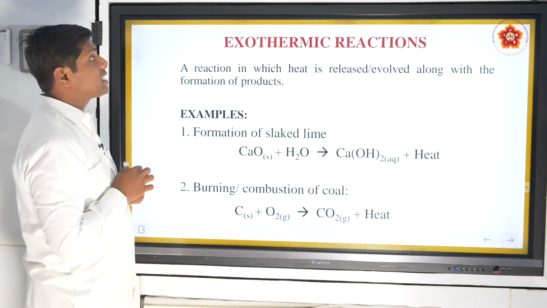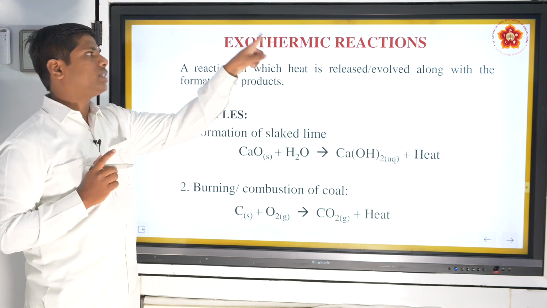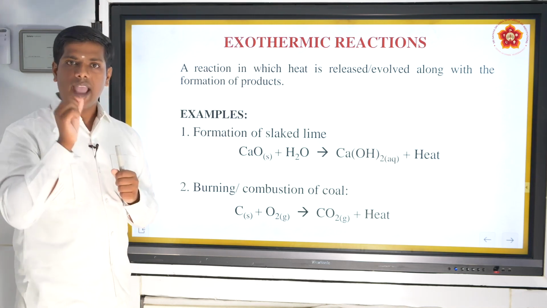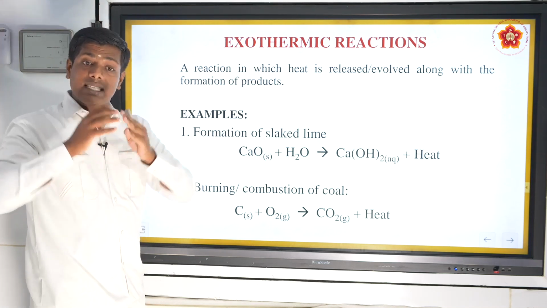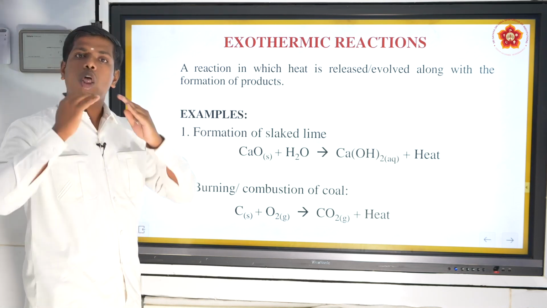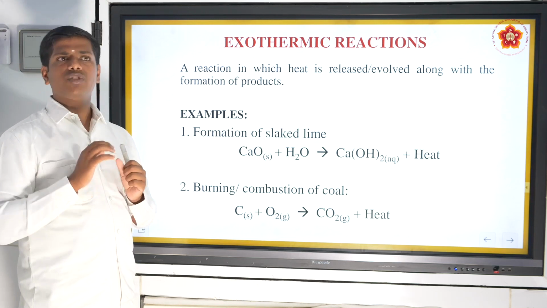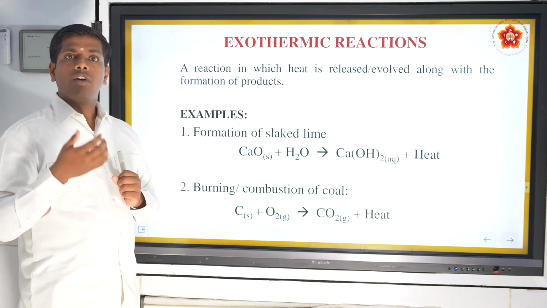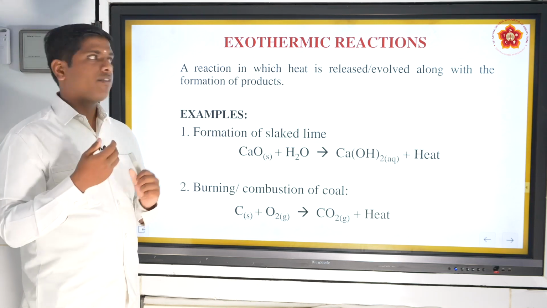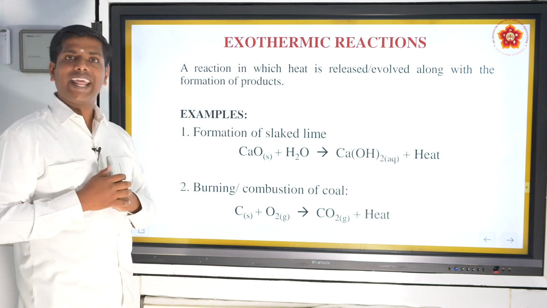Let us look at exothermic reactions. Exothermic means a reaction in which heat is released along with the products. You will feel that heat when this exothermic reaction takes place.